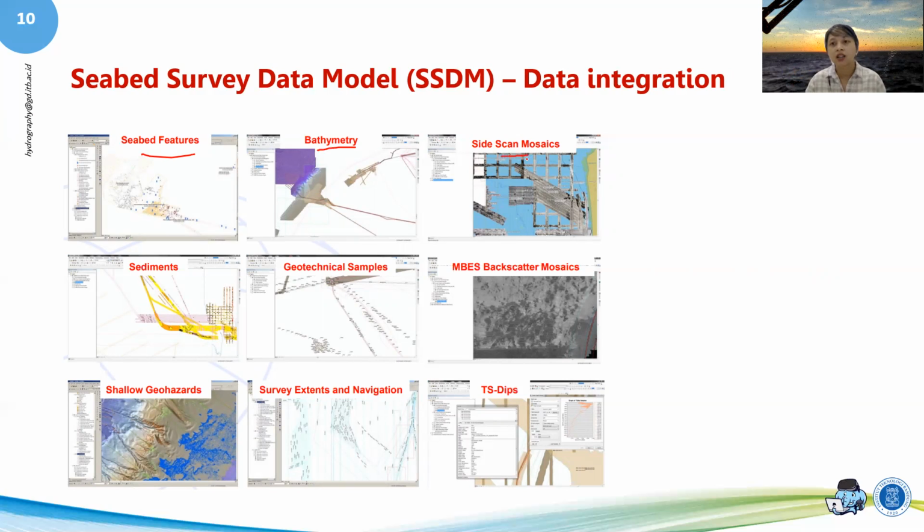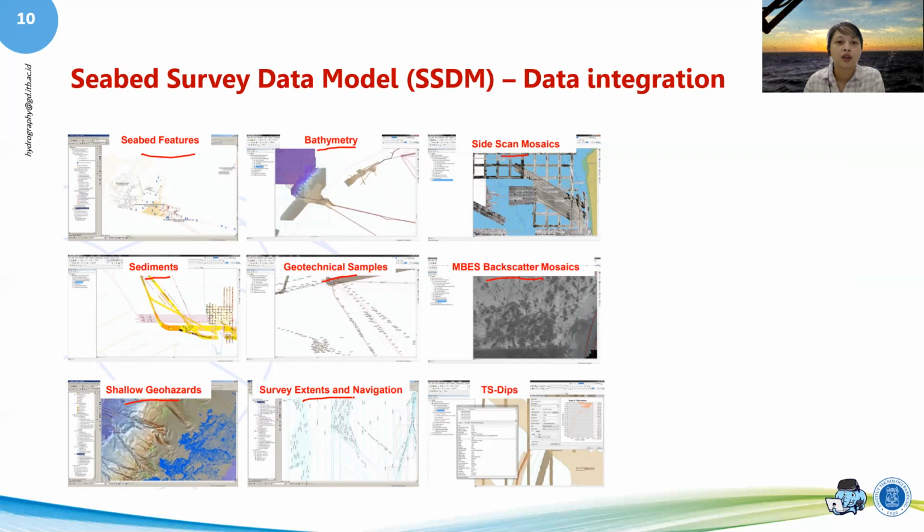You will have your side scan mosaics if you've got side scan sonar surveys. And then you will have sediment data, for example. Maybe you have the data from geologists, or maybe you have the data from borings, or maybe sediment sampling. You will have geotechnical samples. You have to make sure where the borings are. And then you will have multi-beam backscatter mosaics, and then shallow geohazards maybe.